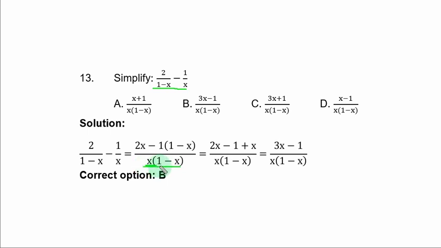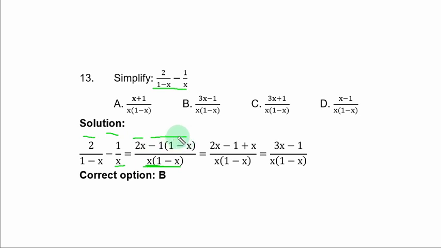So if you divide the LCM by 1 minus s, you have s remaining, multiply 2, you have 2s. You divide the LCM by the second denominator, you have 1 minus s times minus 1. So you have minus 1 bracket open 1 minus s bracket close over the denominator.